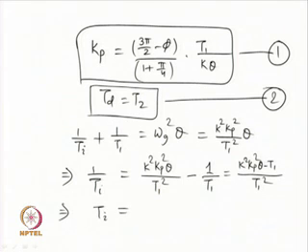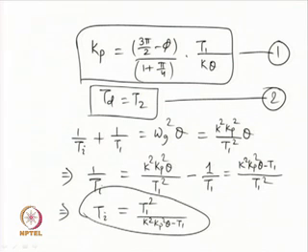Finally, giving Ti is equal to T1 square divided by k square Kp square theta minus T1.